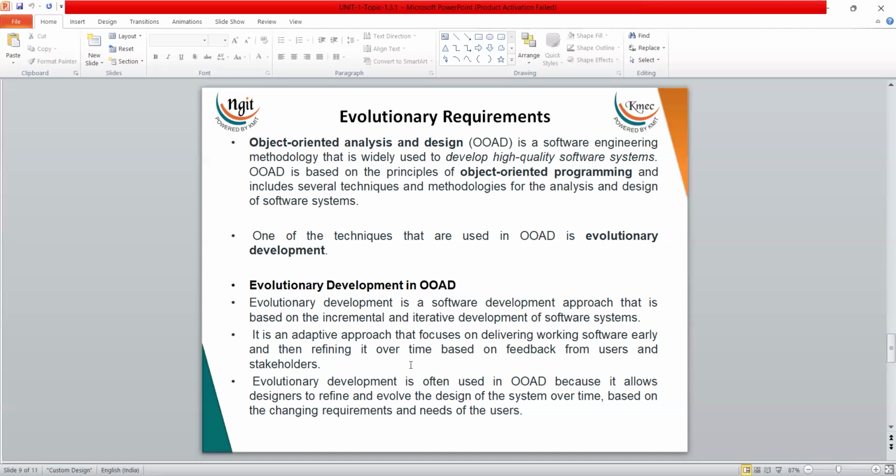Already there is a piece of software that exists, and to overcome the drawbacks in that version and enhance it into a new version, the evolutionary model plays a key role in such software.